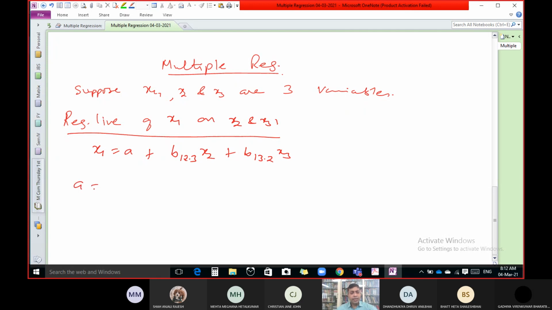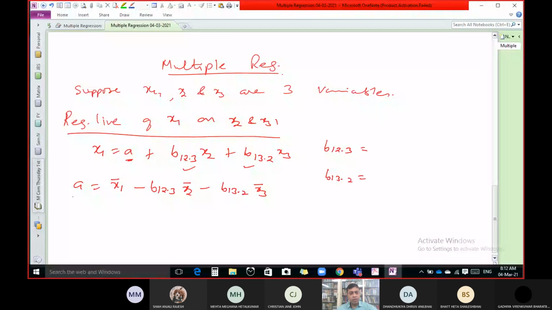How to calculate a? Take these two terms to the other side: a equals x1 minus b12.3 x2 minus b13.2 x3, but since there are a number of values of x1, x2 and x3, you take the average values. So this is the formula for a. And now the question is how to calculate b12.3 and b13.2. There are different formulas for that.